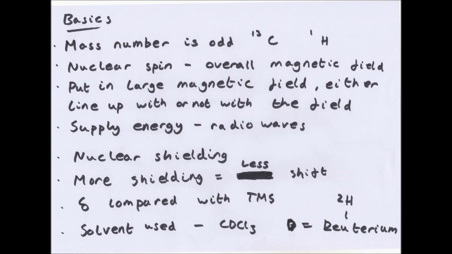Now why do you want this? Well, protons and neutrons have a property called spin, which can be in one of two opposite directions, rather like electrons. Remember when you do electron configurations, you can have an arrow going up, arrow going down, because they spin in opposite directions. We can have that with protons and neutrons. In the nucleus, opposite spins pair up.